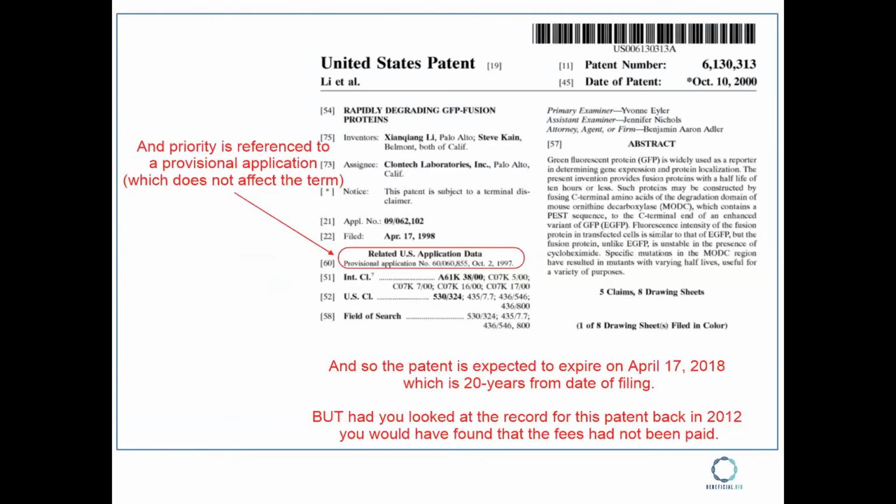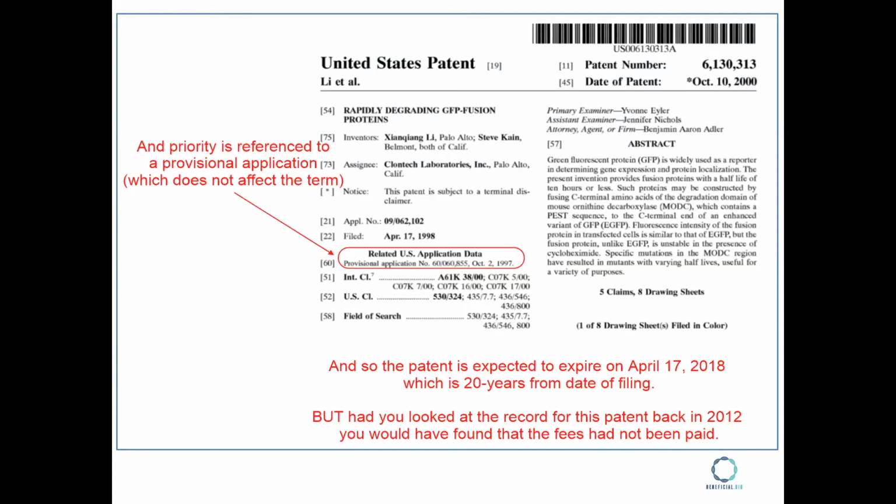We look at an earlier application date, and they do cite a provisional, but provisionals don't affect the term. Therefore, it's going to be 20 years from the actual date of filing, so April 17th, 2018. But if you had looked at the record for this patent back in 2012, you would have found that the fees had not been paid.